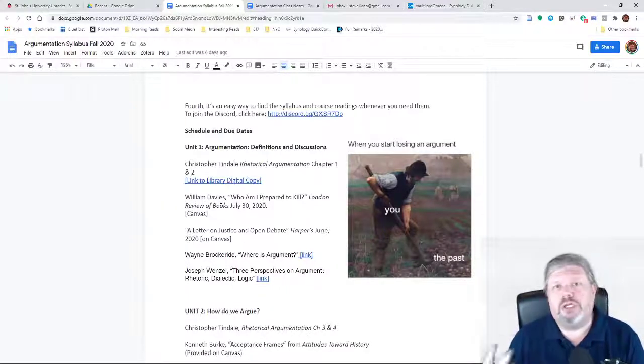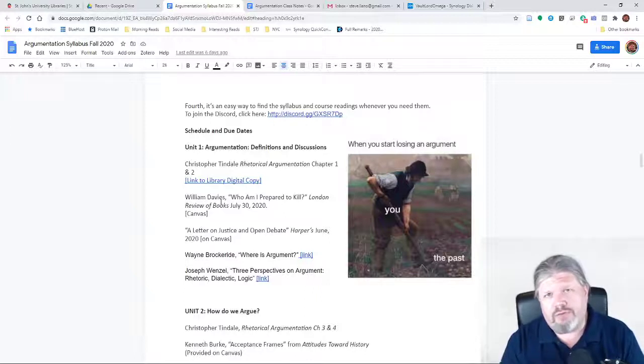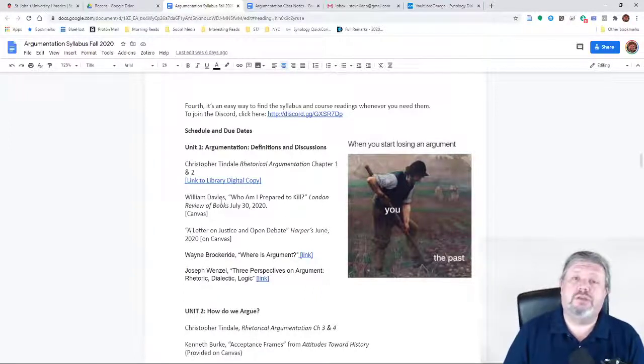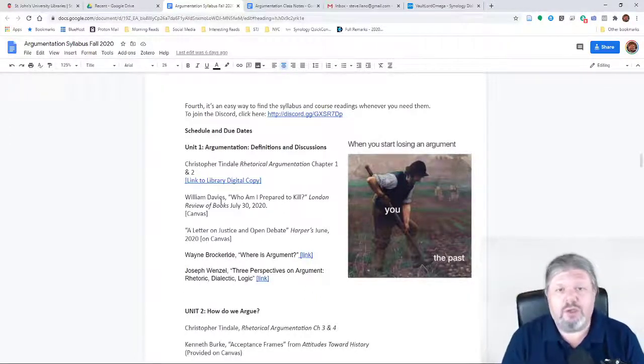They might be really good examples for your first assignment. You could take those two pieces and look at Tindale's theory of rhetorical argumentation, Chapter 1, how he sets it up, and look at Wayne Brockriede's idea of argument's definition, and Wenzel's understanding that argument has three definitions. I think I might have to make two or three videos of that by itself, but this first video is to think about what argumentation might be.